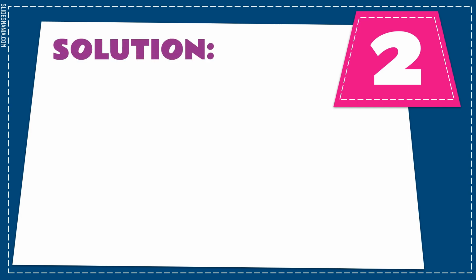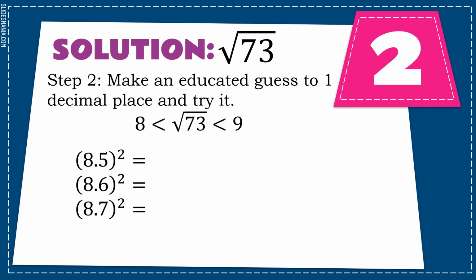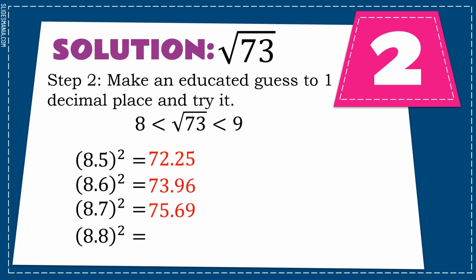Let us now see which among the results is closest to 73. Correct, 72.25 and 73.96. 75.69 and 77.44 are no longer counted because they are far from 73.